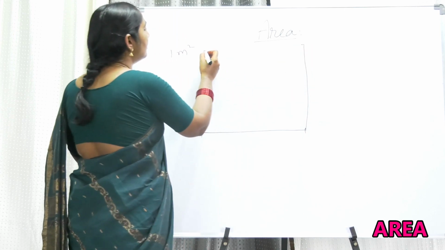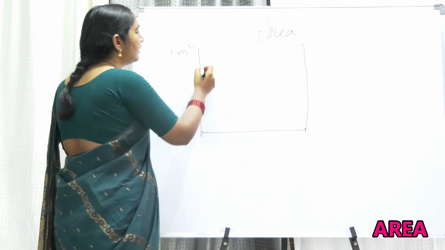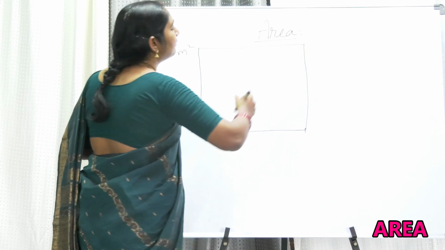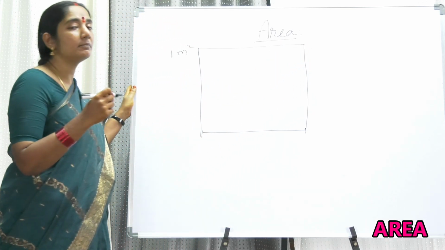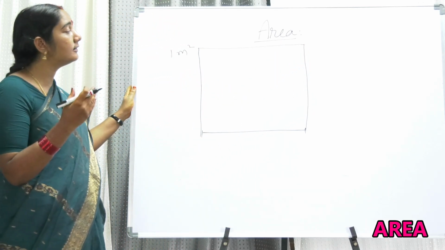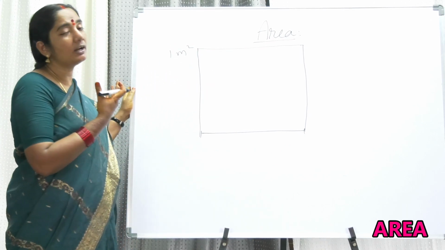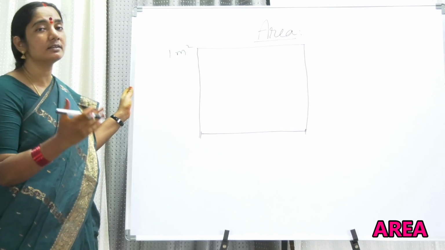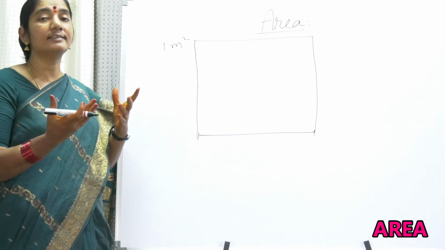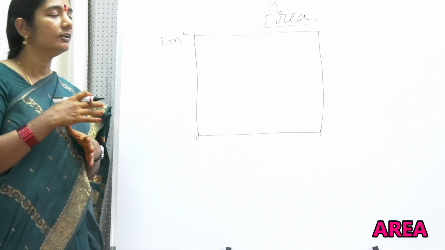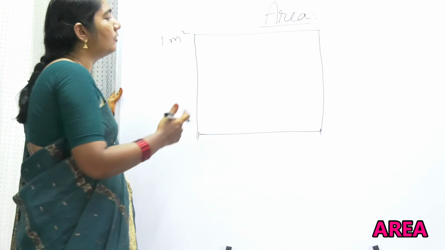So now you are getting 1 square meter. Draw it. You will understand how much is 1 square meter. You have to see with your own eyes how much it is. You can estimate it. So draw 1 square meter on the ground.